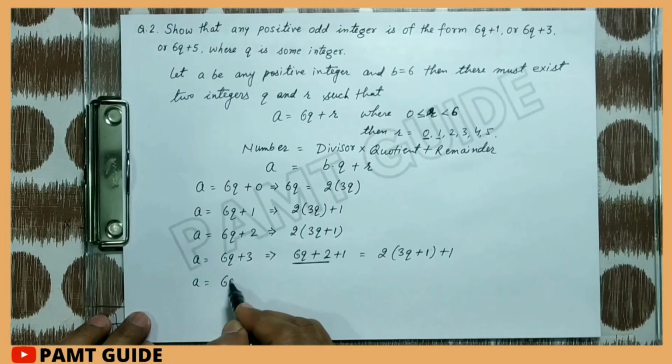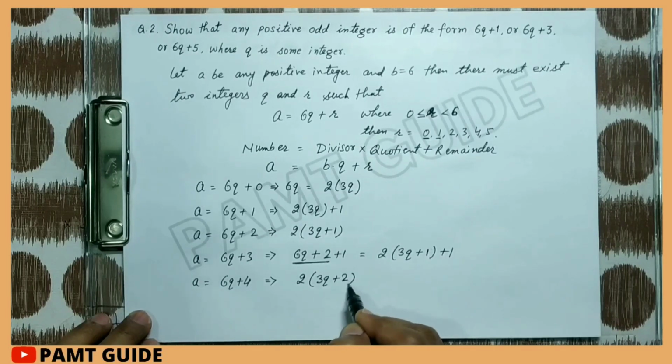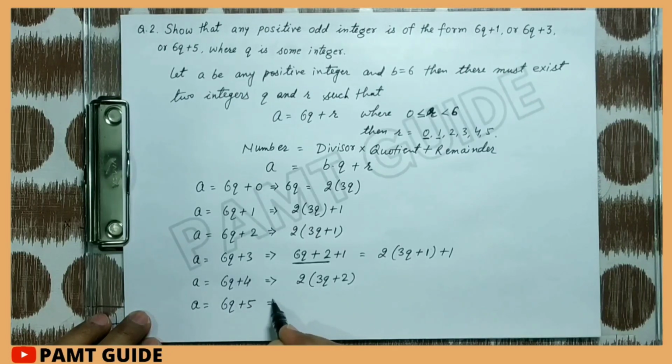When a equal to 6q plus 4, we can take 2 as common from both numbers 6q and 4. Then we can write 2 multiplied by 3q plus 2. And the last, a equal to 6q plus 5.